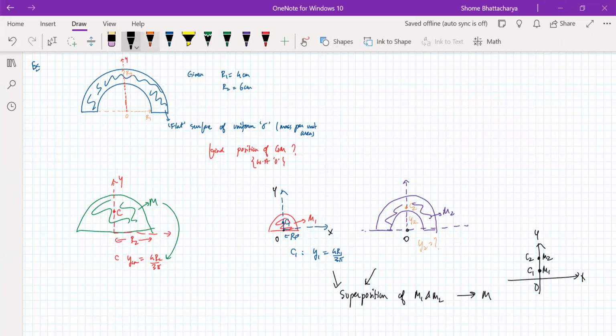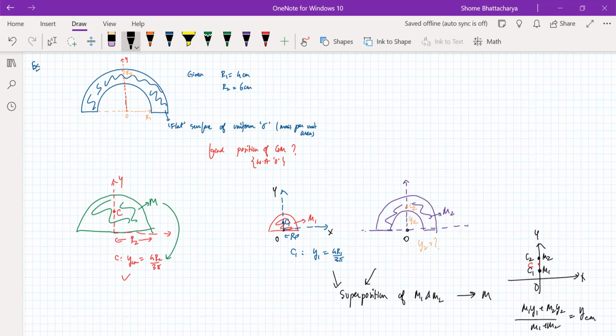So this system center of mass should be where? This system center of mass should be here, where this C is this known quantity. So I have m1 y1 plus m2 y2 divided by m1 plus m2. That should be yc.